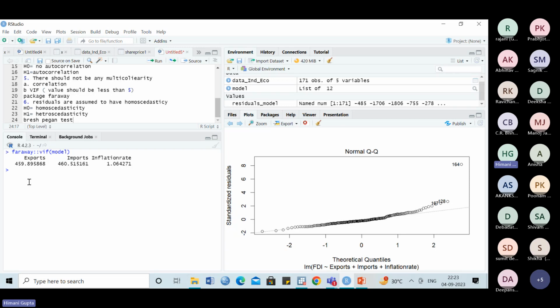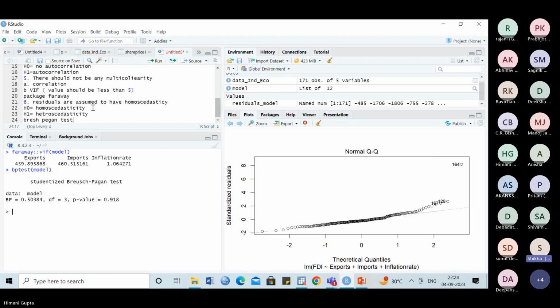So Breusch-Pagan means BP test and your model. Now see over here, the p-value is more than 0.05. So I can say that there is homoscedasticity. Got this thing?